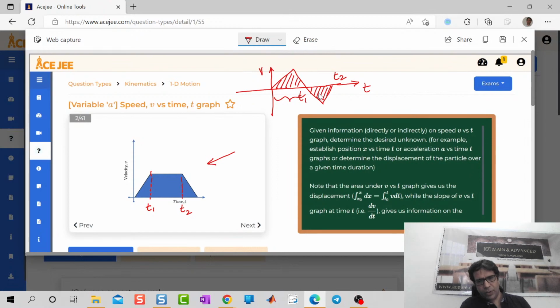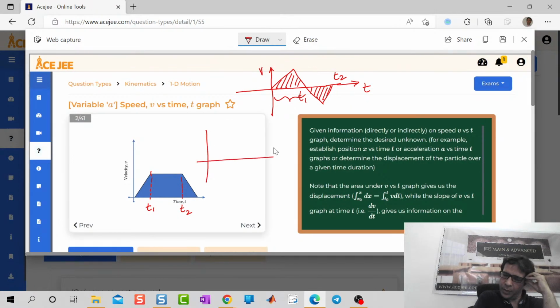Okay, now let's ask one more question. Let's talk about this scenario. So what do we have here? This is V, this is T1, this is T2, this is T3, this is T4.